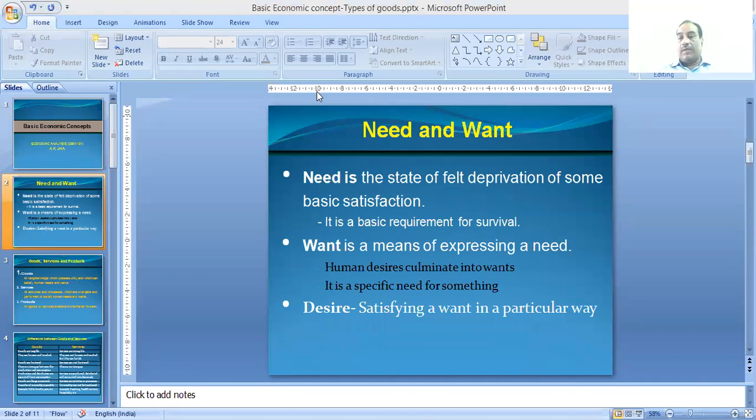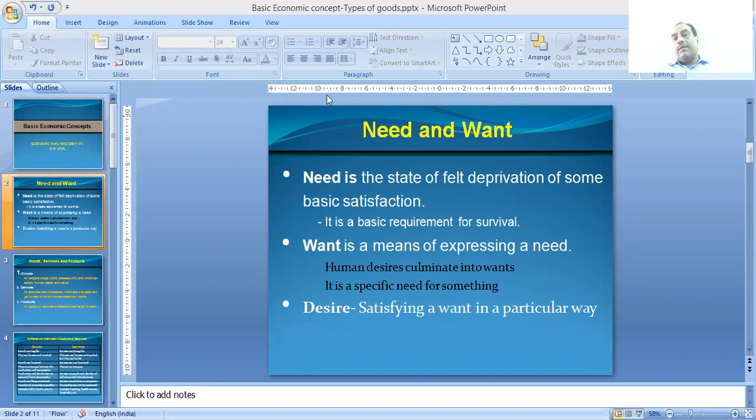So there is a difference between need and want. Want is a means of expressing a need. Human desires culminate into wants, and it is a specific need for something. We need food, but we specifically need vegetarian food only. So when a need becomes specific, we say it is a want.